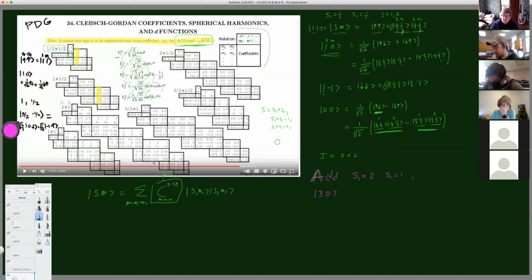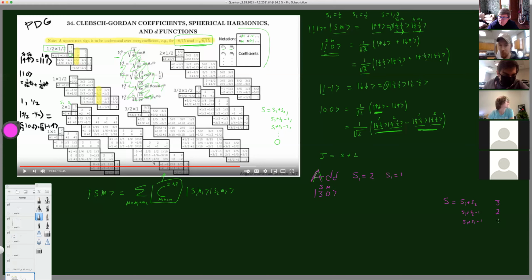First of all, this is the total S and the total M. Let's just write down what the total S can be. S can be S1 plus S2, which is 3, and it can be S1 plus S2 minus 1, which is 2, and S1 plus S2 minus 2, which is 1.